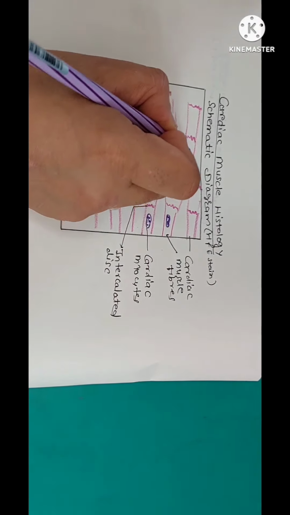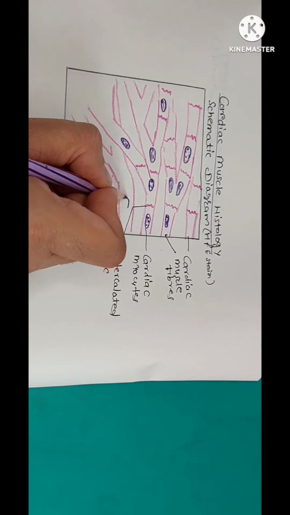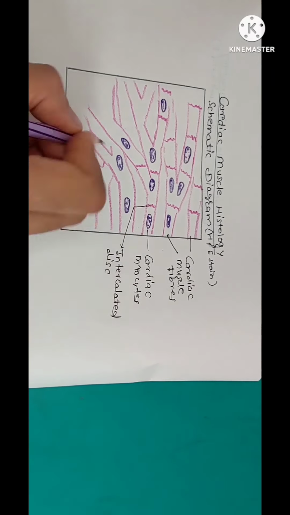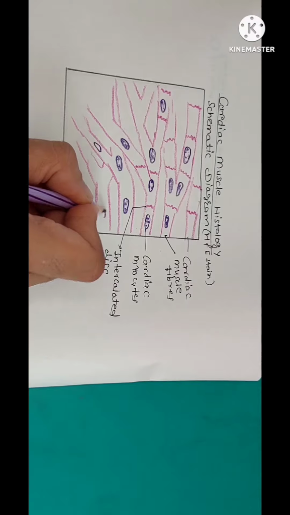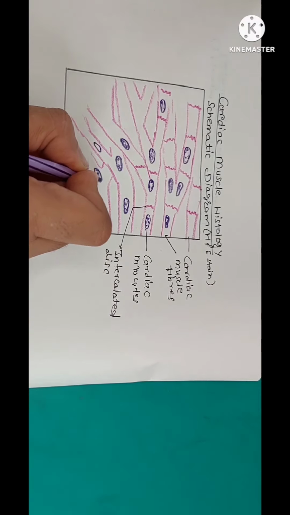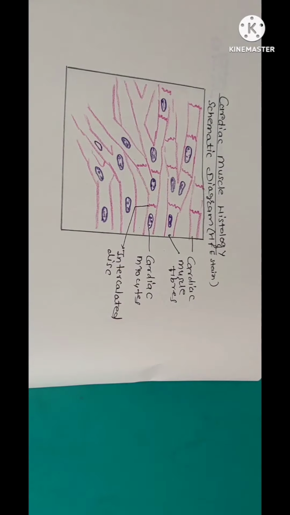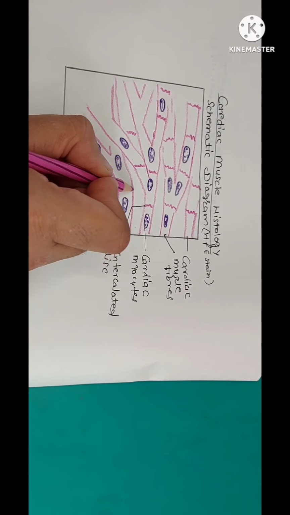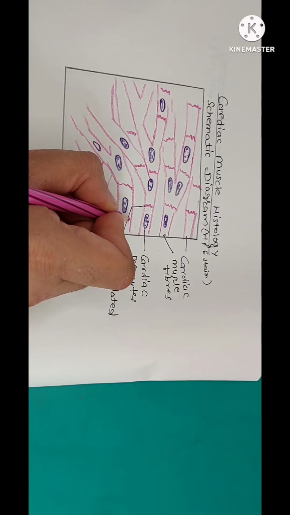In contrast to the nuclei of skeletal muscle, the nucleus is centrally placed, oval and large. Cardiac muscle also shows cross striations.